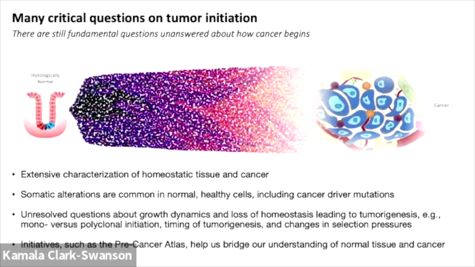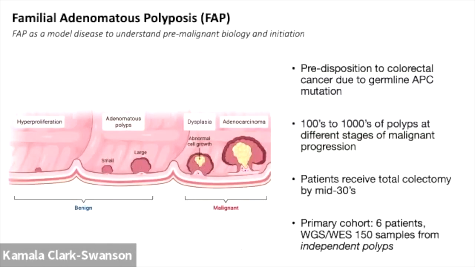Initiatives such as the Precancer Atlas are trying to help us bridge that understanding between normal tissue and cancer. What I'm focused on is familial adenomatous polyposis, or FAP for short.